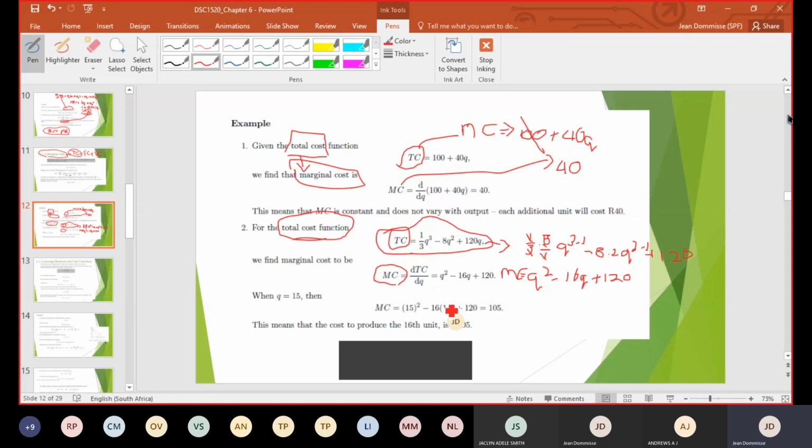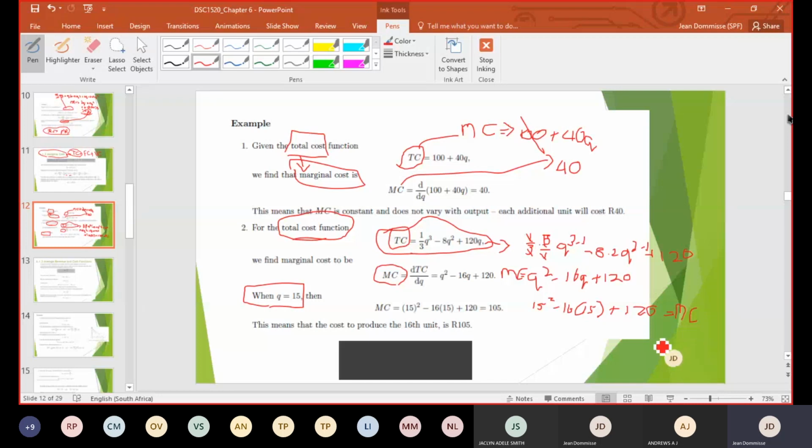So they need to give you a Q value that you put into your marginal cost. So they give you Q is equal to 15. So when you put 15 in there, 15 to the power of 2 minus 16 times 15 plus 120, and that will be your marginal cost.